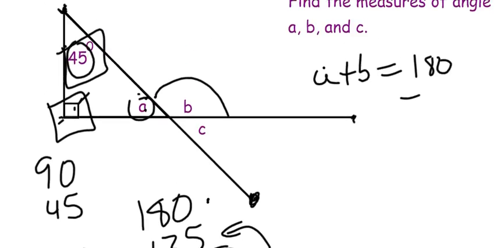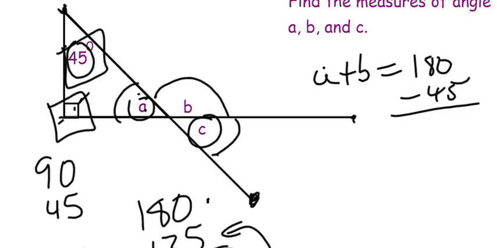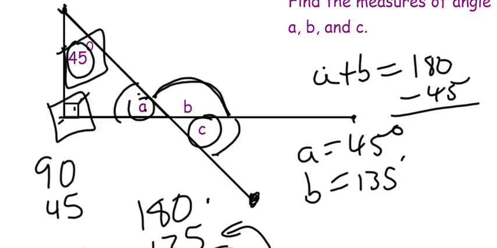If you don't believe me, take 180 and subtract 45. And then that leads us back to C, and we can see a couple different things. We could talk about the corresponding angles here and say, if A is 45, then C must be 45. We know that because of the supplementary relationship there. So in the end, our answer would be A equals 45 degrees, B equals 135 degrees, and C equals, once again, 45 degrees.